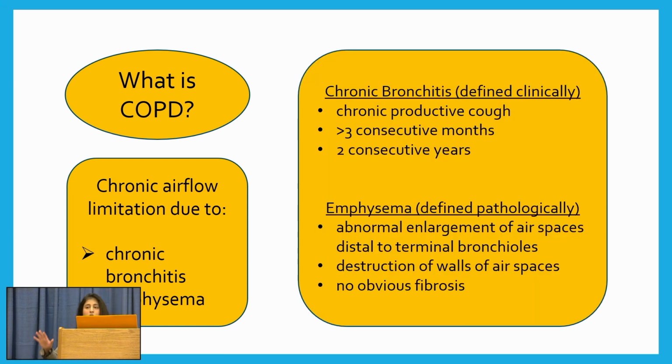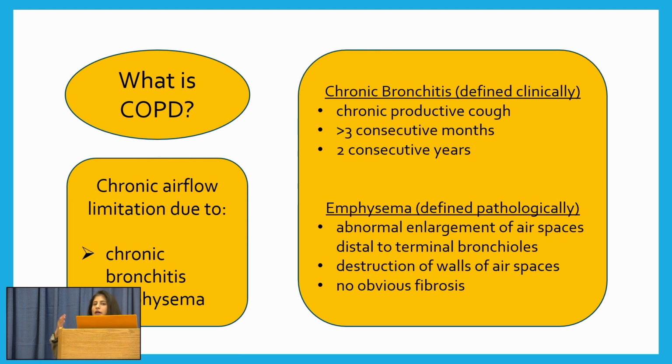It is a chronic productive cough over 3 consecutive months for 2 consecutive years. You also have to have some kind of pathological finding with this. Usually it's emphysema with an enlargement of air spaces distal to terminal bronchioles, destruction of the air spaces, and no obvious fibrosis. This is the technical ATS chest definition of COPD.